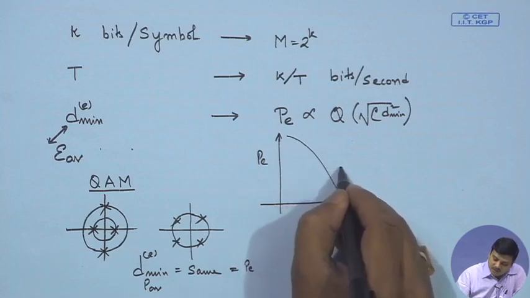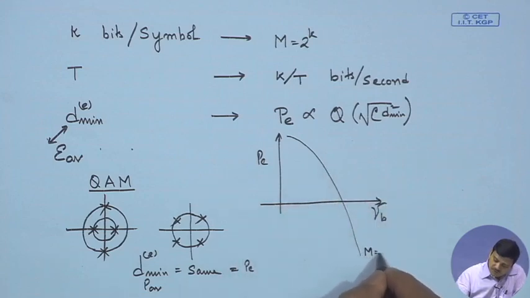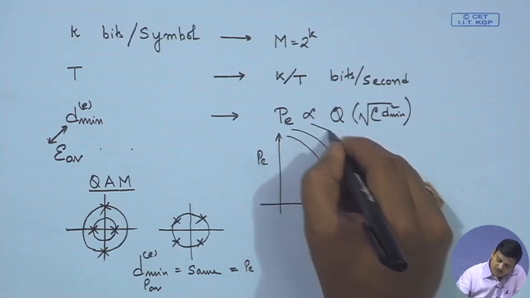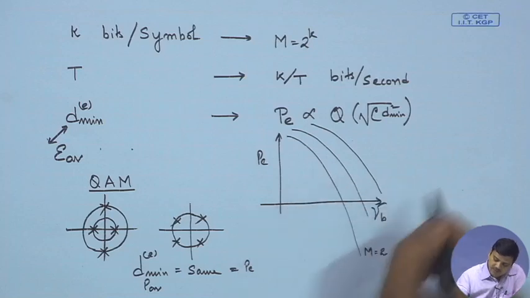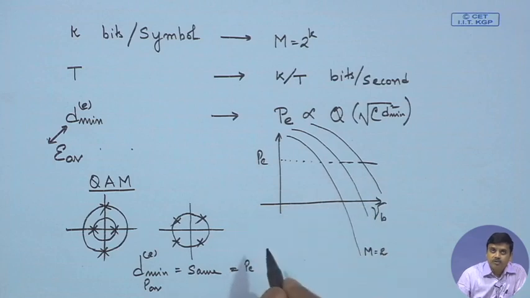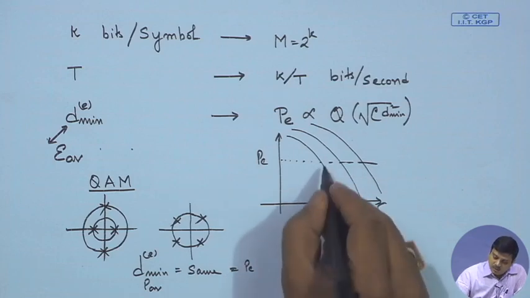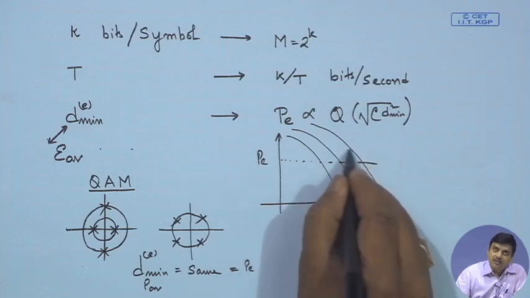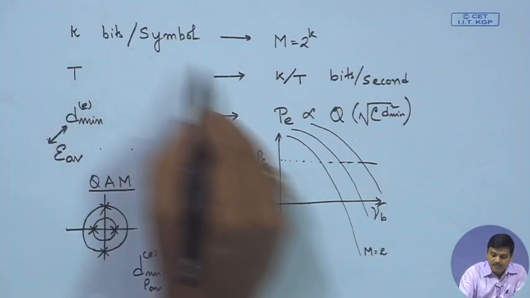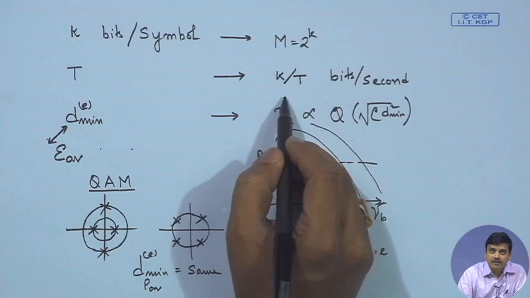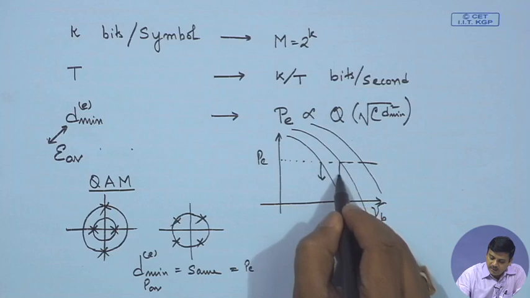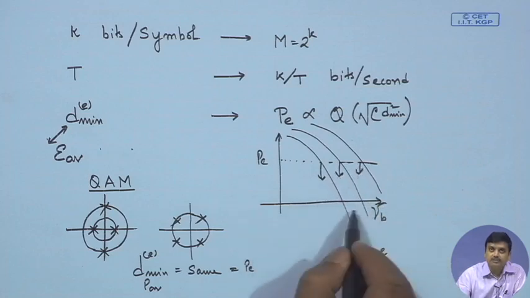As we increase M, from M equals 2 to M equals 4, the probability of error curves shift to the right, which means that to maintain a certain probability of error, as we increase the constellation size, that means as we increase the bits k, our bits per second increases, but the minimum required SNR or Eb by N naught also keeps on increasing.